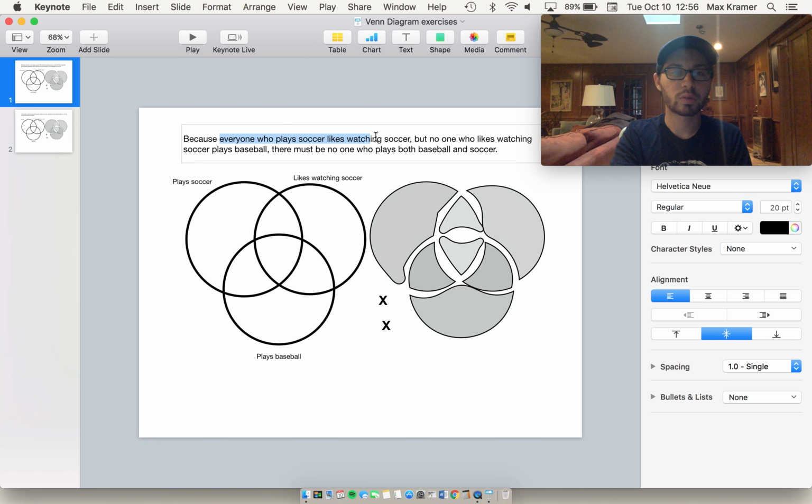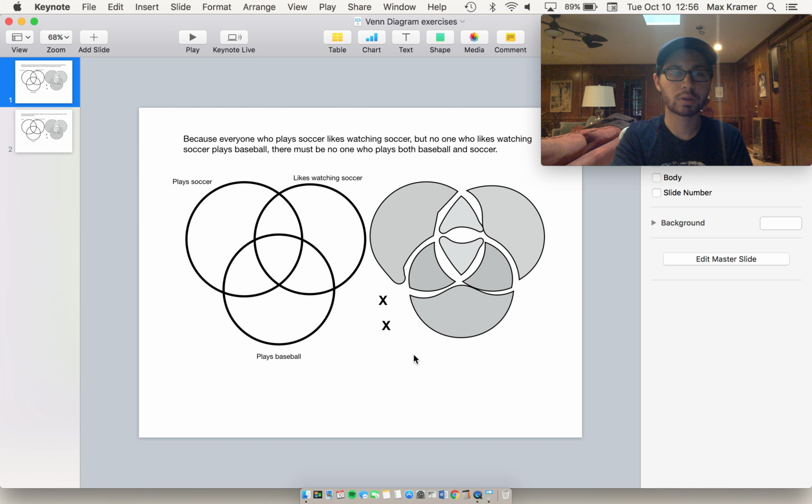So this says that everyone who plays soccer likes watching soccer. And we've got our playing soccer circle here and our liking watching soccer here. So everyone who plays soccer likes watching soccer. That means that everyone who's in this playing soccer circle has to also intersect with the likes watching soccer circle.